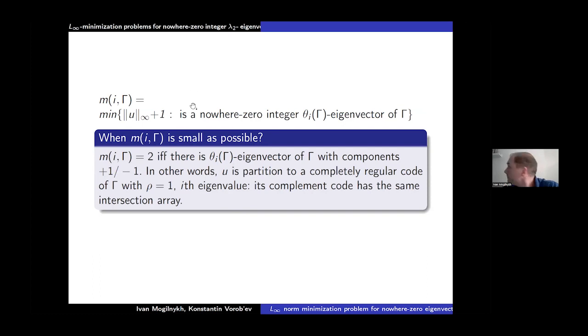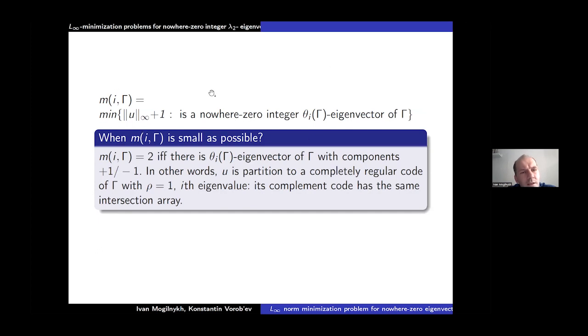So as a kind of transition point from these optimization problems to completely regular codes, I look at the following best case. We minimize our infinity norm plus 1 among all nowhere-zero integer theta-i eigenvectors of graph gamma.